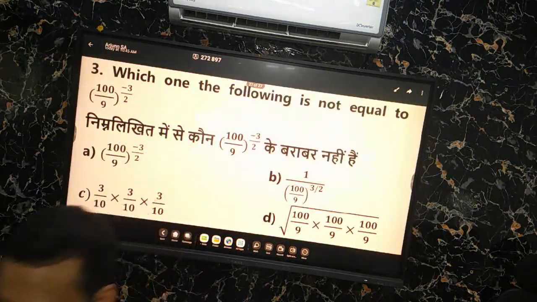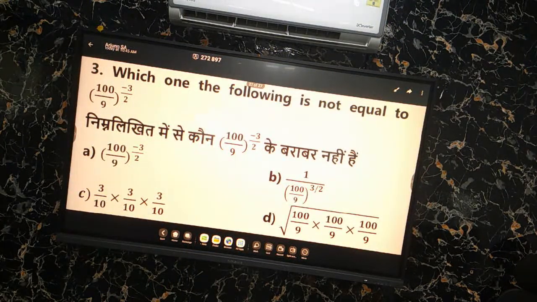Solve this one. I want you to write the question and the options in your book first.